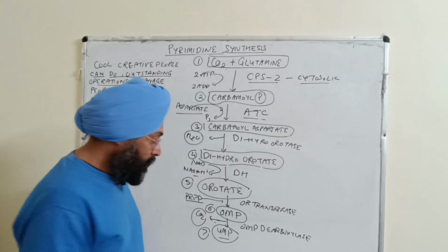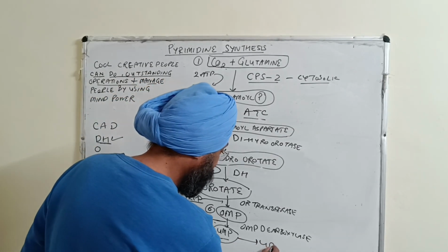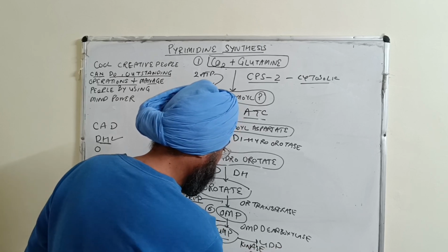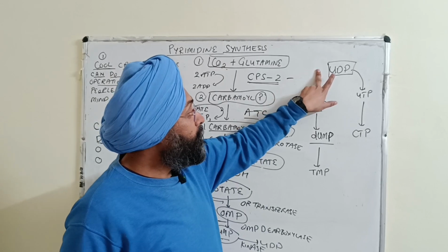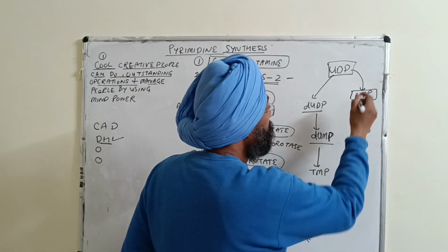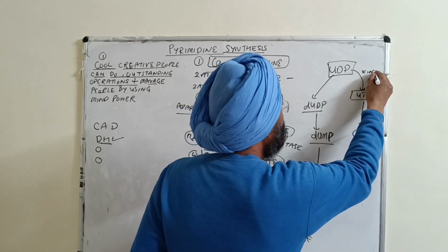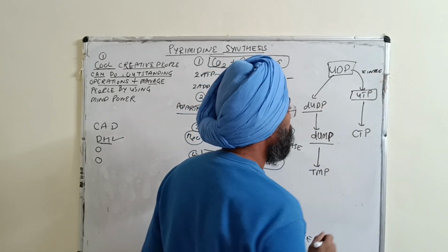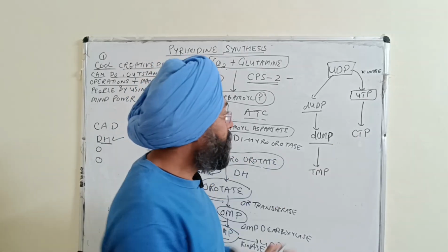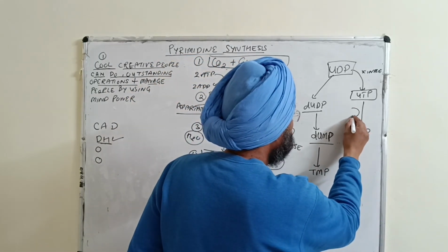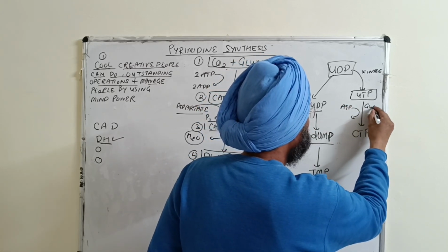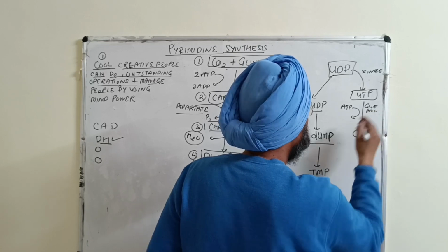From UMP we can form UDP, right, by kinase reaction, right? And from UDP we can form UTP, triphosphate, by kinase reaction, right? From UTP we can form CTP, cytidine triphosphate, by a reaction donating ATP and glutamine, right?